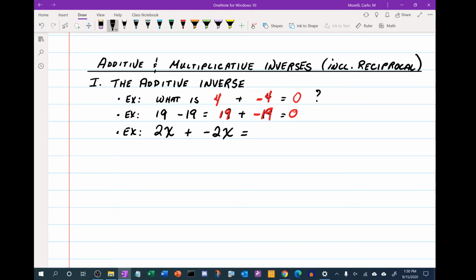What do you think this is going to be? 0. Good. What's the rule? I'm adding a negative to a positive, and the thing is the same, right? So the core is the same. So here's the rule.